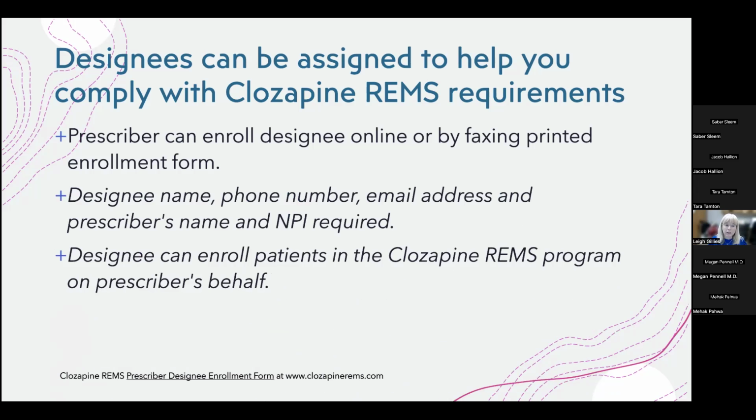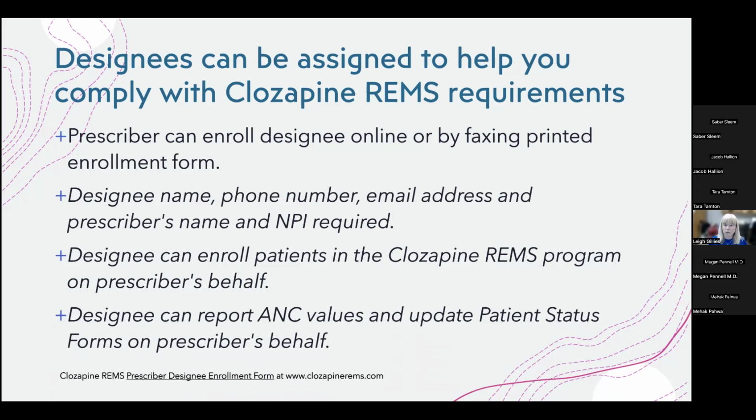The designee can enroll patients in the Clozapine REMS program on behalf of that prescriber, and they can report ANC values and update the patient status forms on the prescriber's behalf. Those are the three roles that a designee can do.